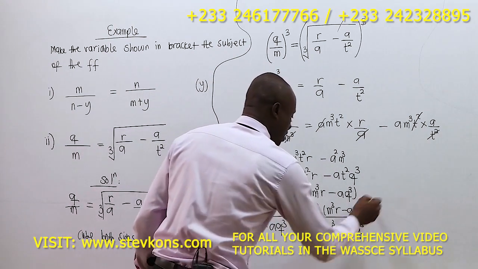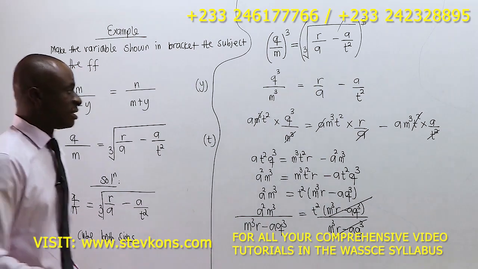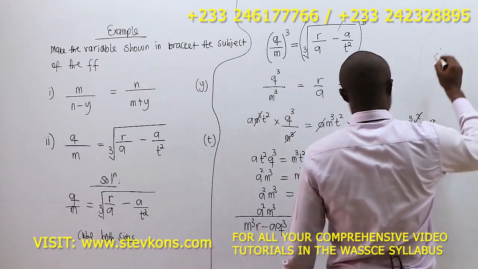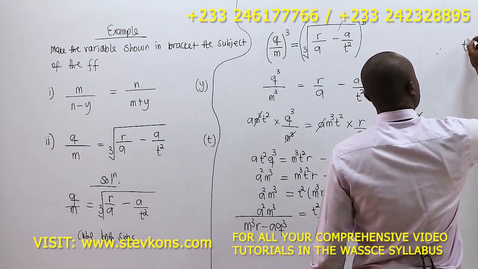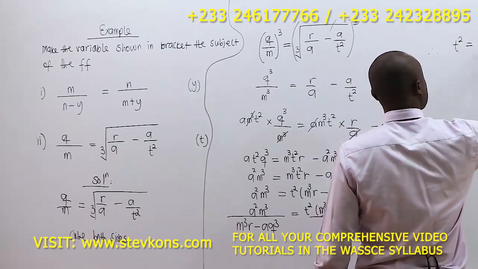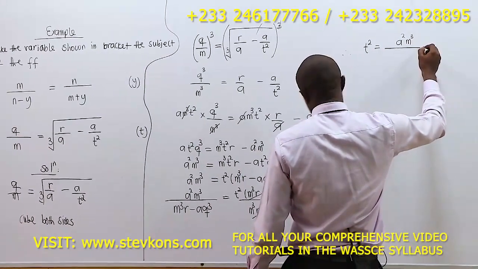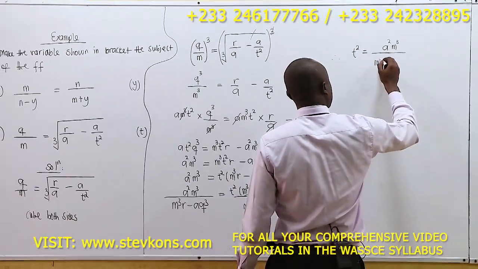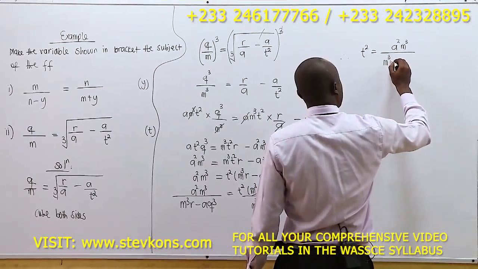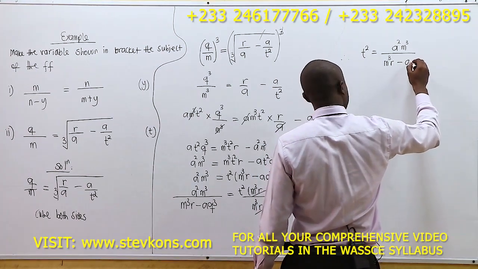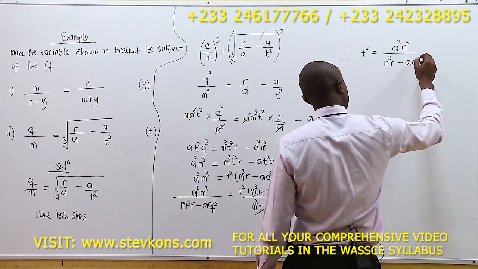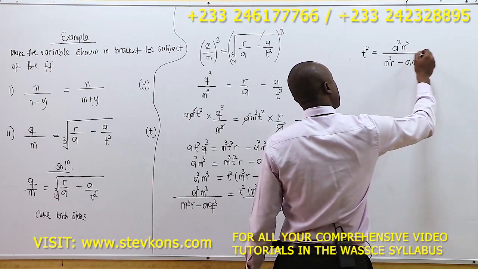Now this and that is cancelling out. Therefore, we have t squared equal to a squared m cube all over m cube r minus a q cube.